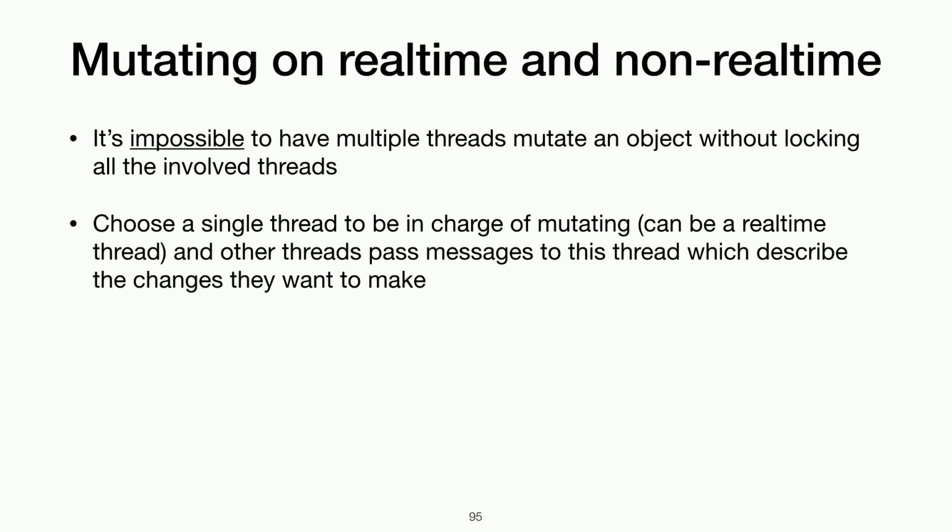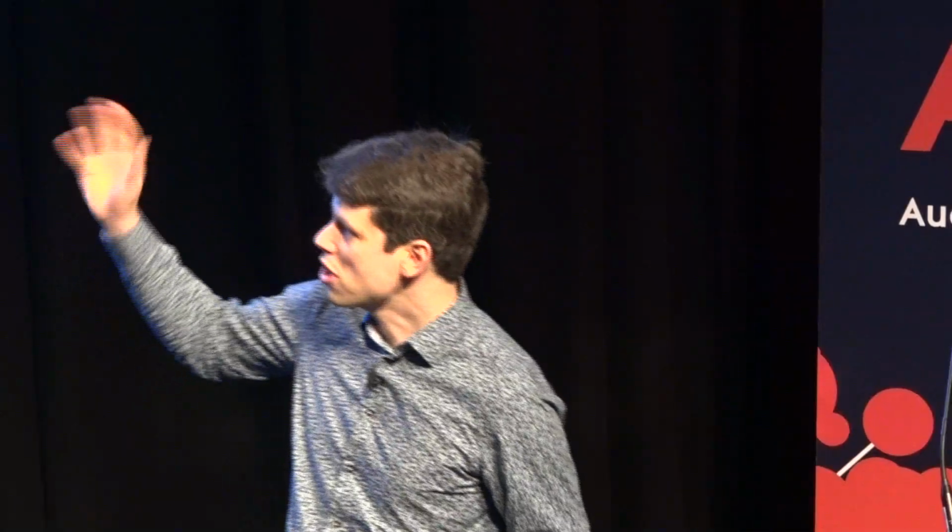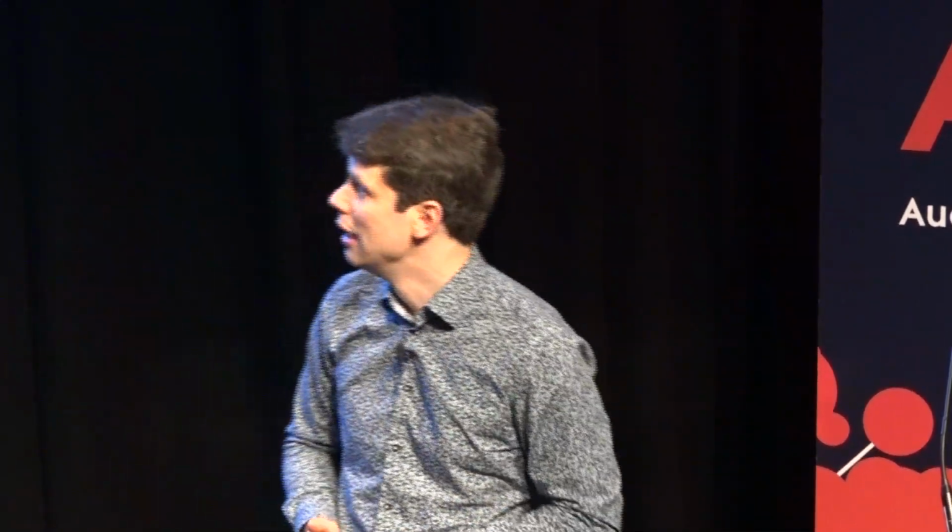And we believe it's best to avoid that situation at all costs. As a workaround, what you can do is nominate one of the threads to be the person in charge of modifying the data. And then all the other threads simply defer any modifications they want to do to that thread, right?